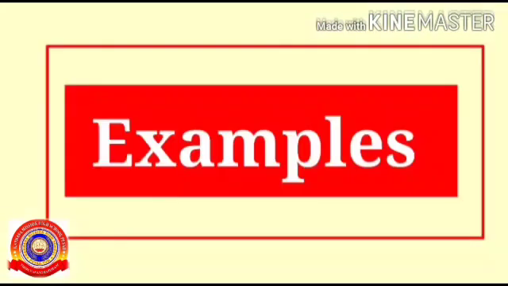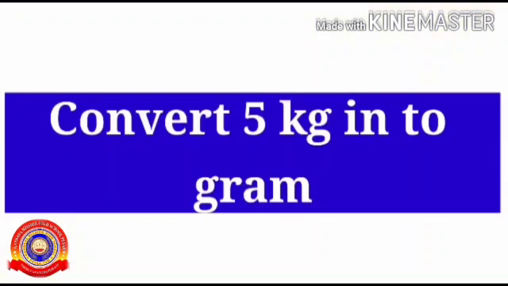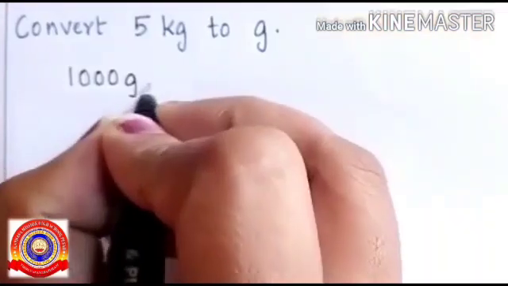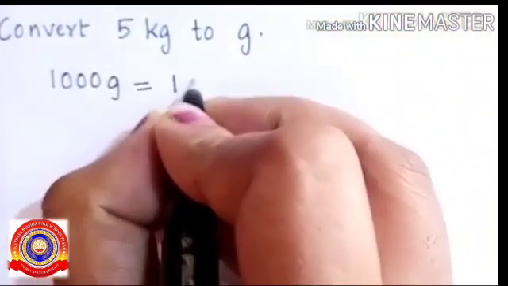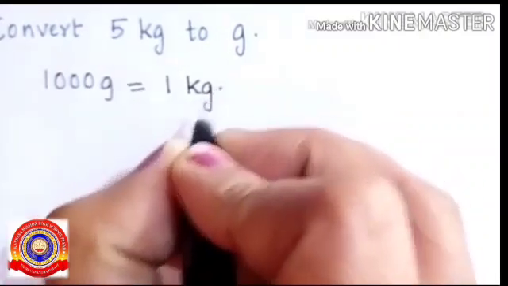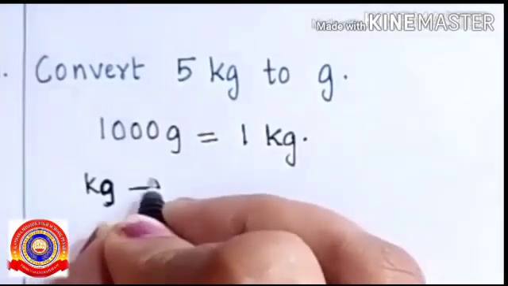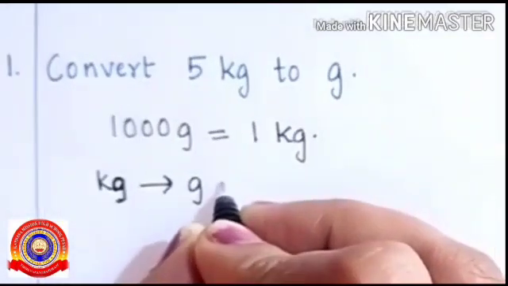Let's look at an example. Convert 5 kilogram into gram. We know 1000 gram equal to 1 kilogram. So, to convert kilogram to gram, multiply with 1000.